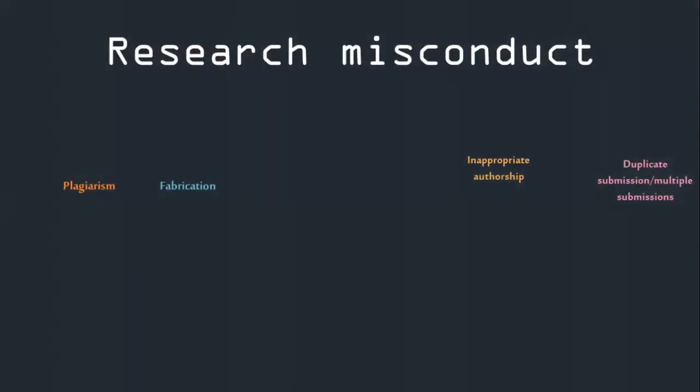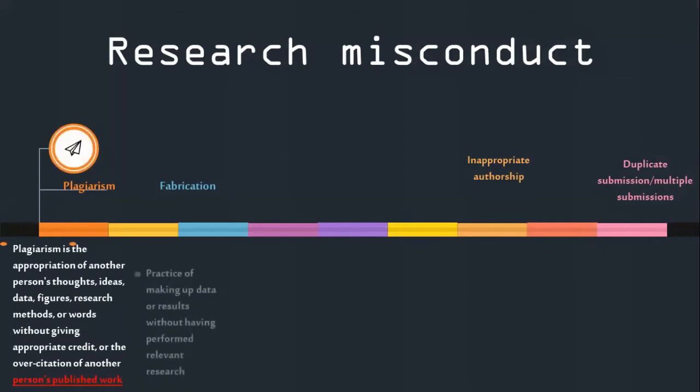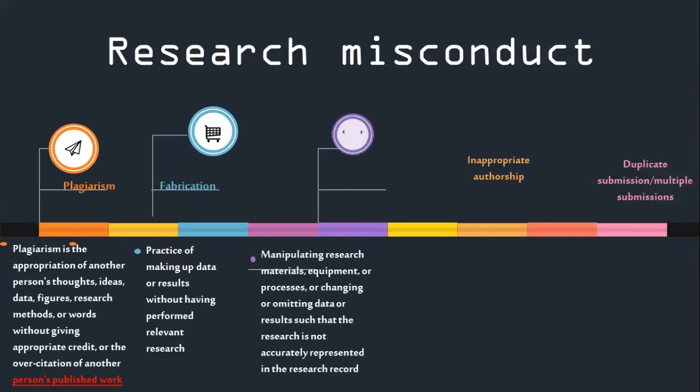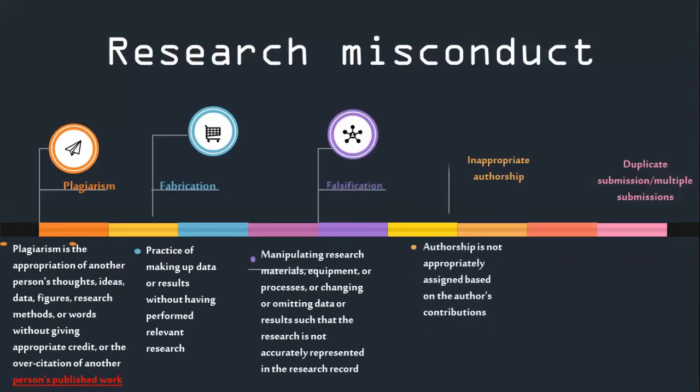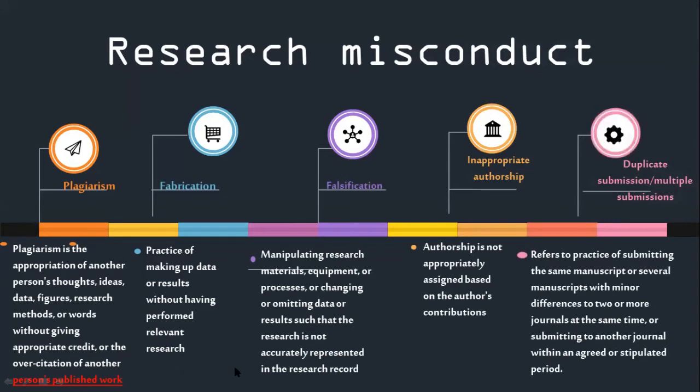Now let us see what the various research misconducts are that a researcher might commit. The first one is plagiarism. I am sure most of you have heard about plagiarism. You can go through the definition here, but in layman's language, what is plagiarism?